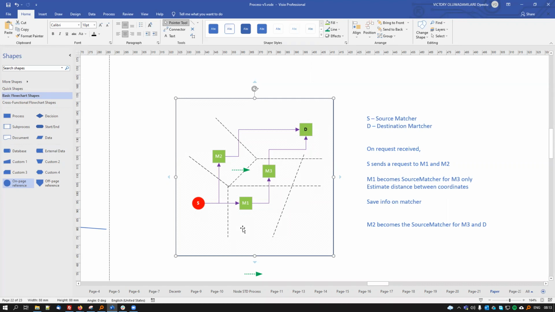For example, when the source sends to M1, because M1 is still connected to S, it has to know that I'm the parent and this is the child. And if I'm the parent of this child, I should store that. It's a bit tricky.